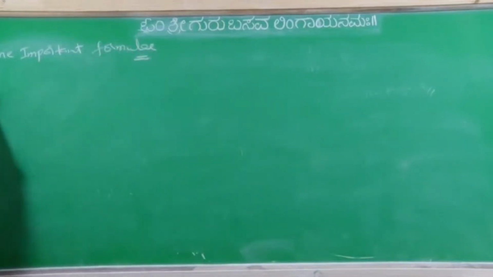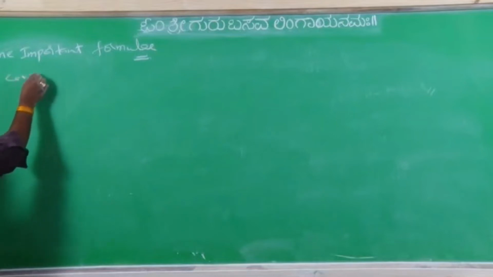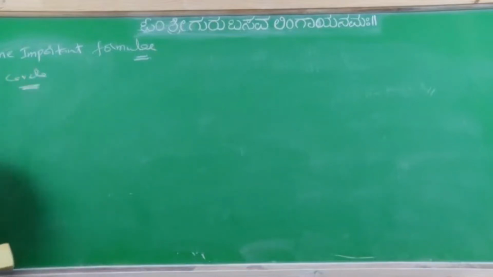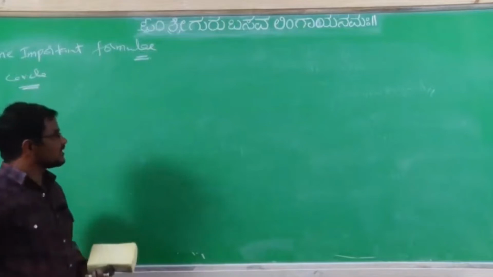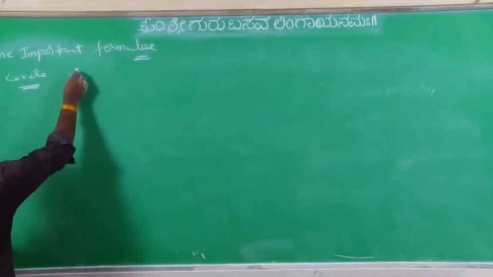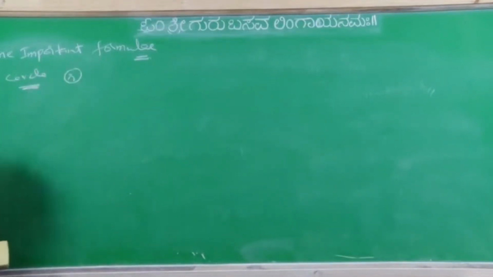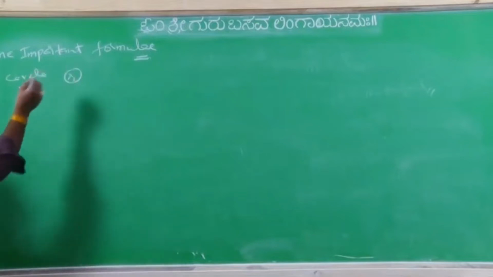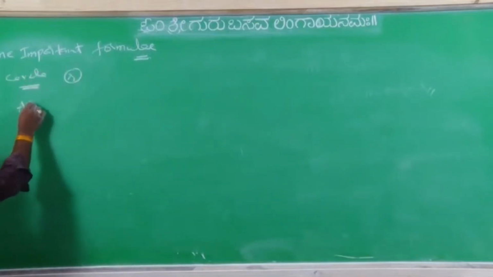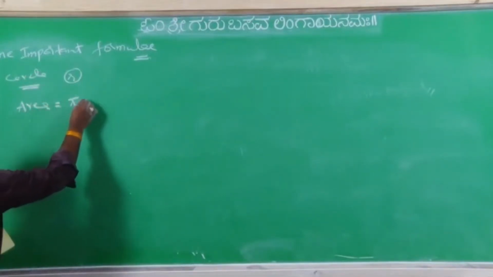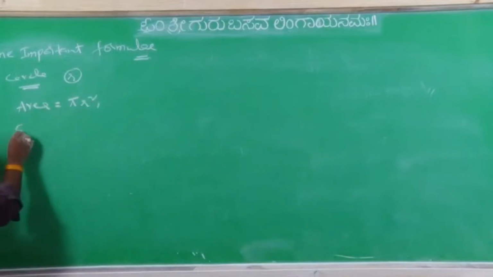All these formulas we use in this chapter, for maxima and minima also. First, a circle with radius r. Already you know that, but once again I will remind you. Area, what? Pi r square.